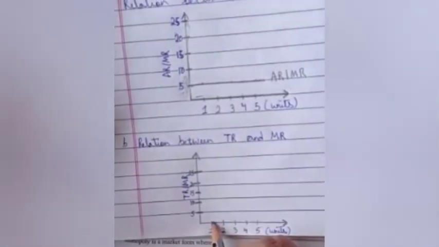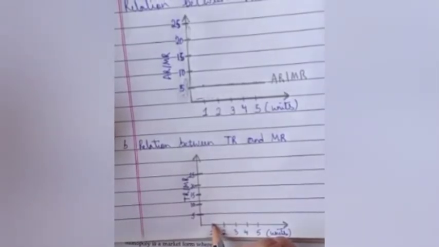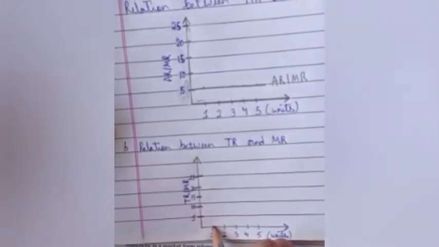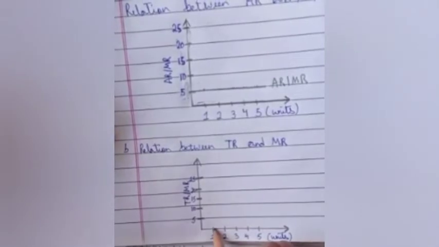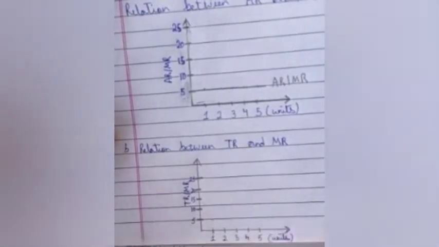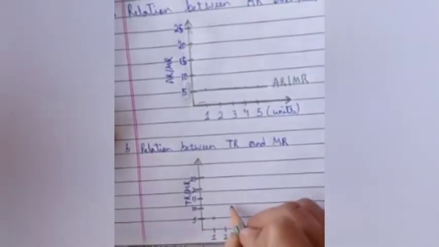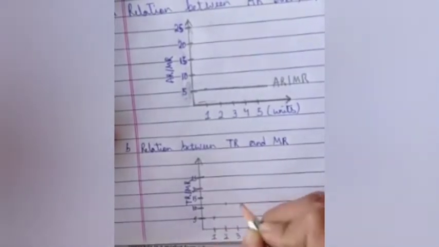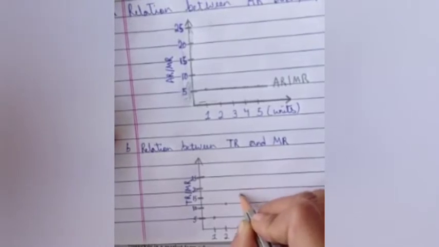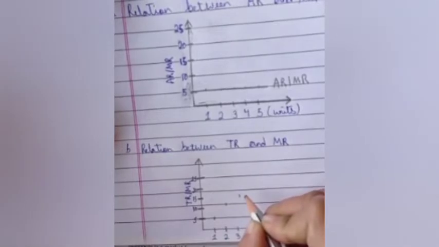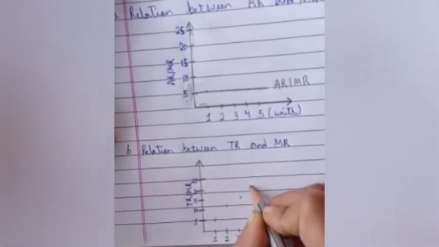Now we will see the relation between TR and MR. First let us plot the TR. When the unit is 1, TR is 5. When the unit is 2, TR is 10. When the unit is 3, TR is 15. When the unit is 4, TR is 20.